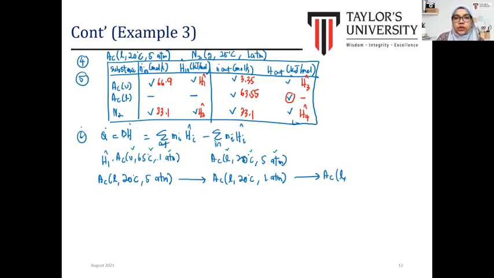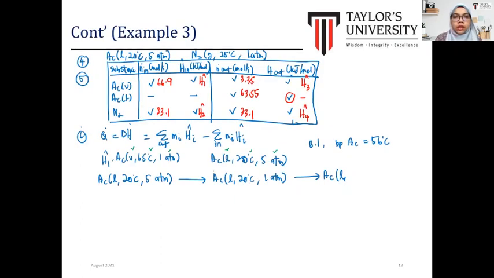You need to go back to your reference table and check the boiling point of the acetone. From table B1, the boiling point of acetone is 56 degrees Celsius. So if you change from 20 degrees to 65, that means you have changed from the liquid straight away to the vapor phase, because the boiling point is 56.